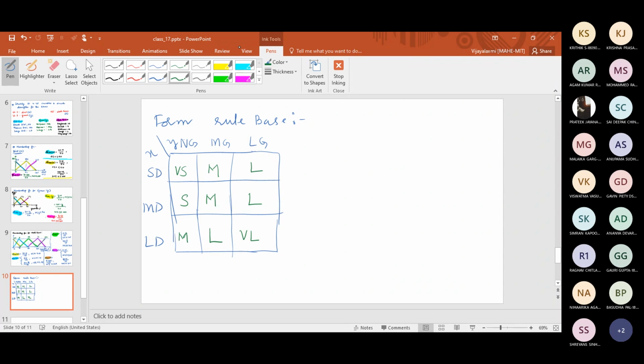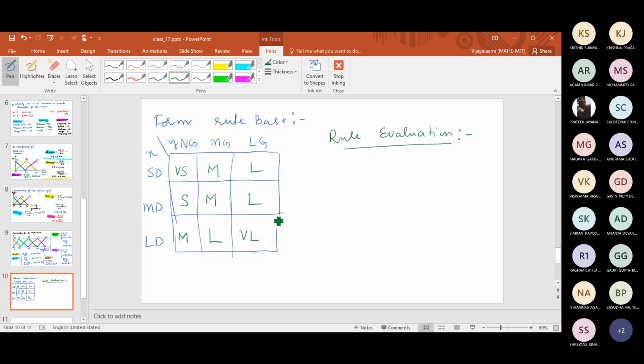Now the fourth step, this is the third step, say rule evaluation. Actually, this part, rule evaluation, is slightly time consuming. I'll just tell you how we evaluate this.